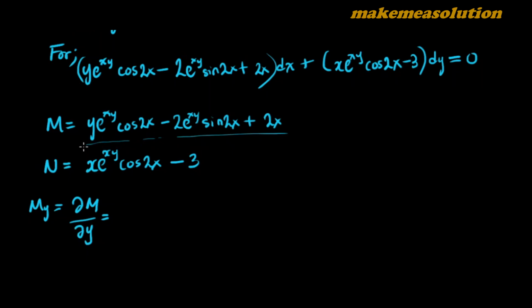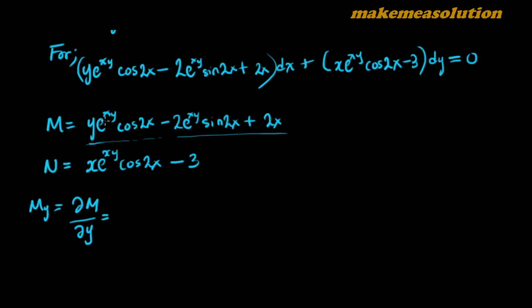So let's begin from this point over here. We are taking the partial derivative of M with respect to y. Look at this first term: you can see a y and an e^(xy), so you are going to use the product rule. Remember, when you're taking partial derivative with respect to y, x is taken as a constant.